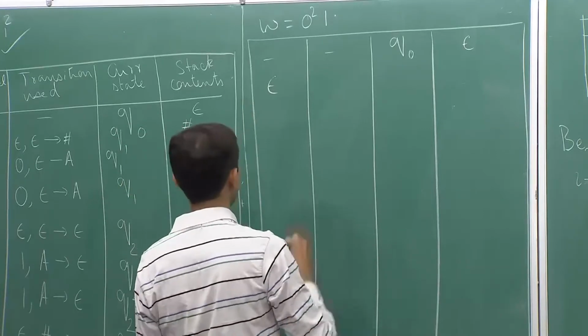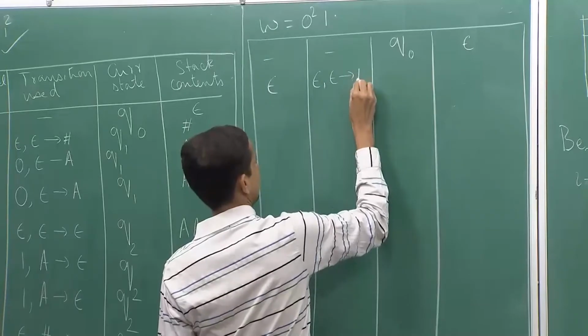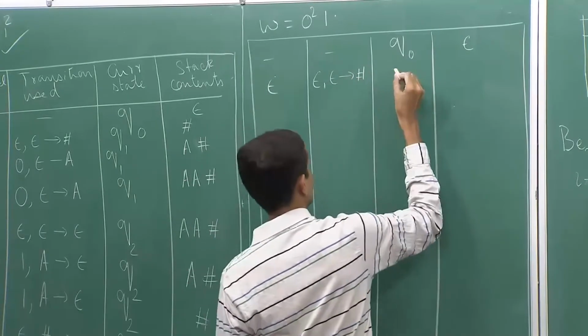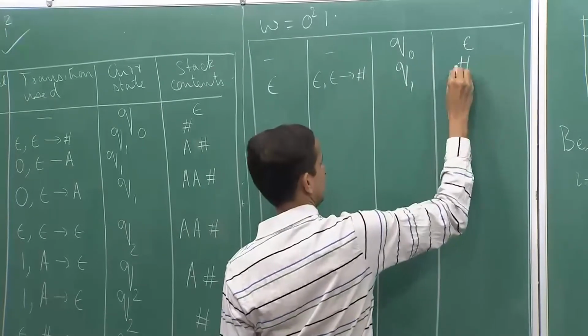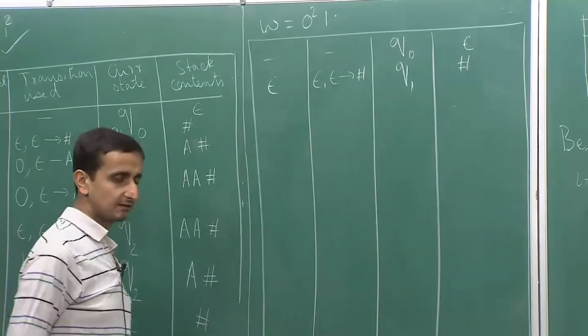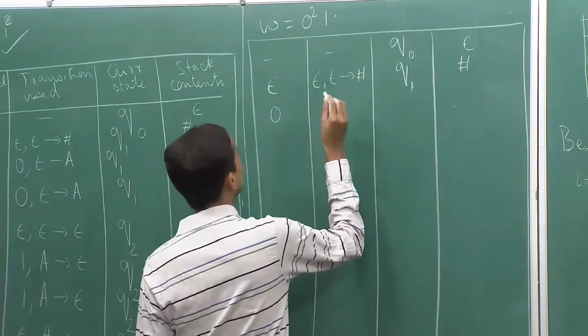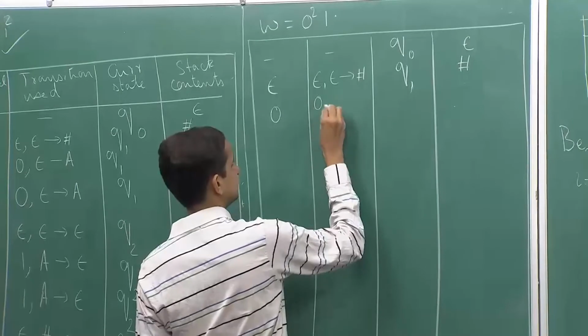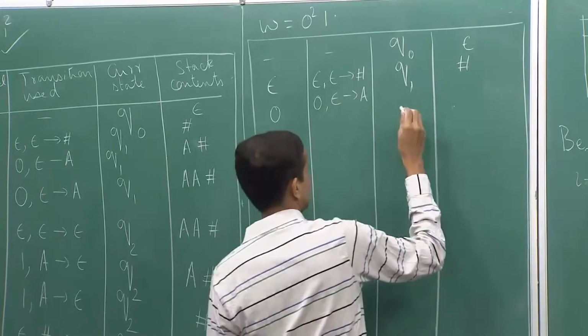On reading epsilon, I use the transition epsilon going from epsilon to hash and push, move to state Q1 and push a hash onto the stack. Then on reading 0, I use the transition 0 epsilon to A.